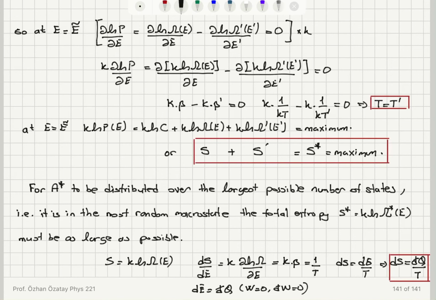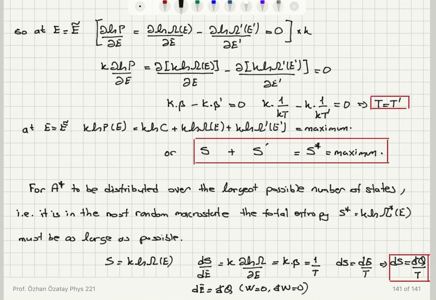And at the same time, since del k ln P del E is equal to 0, that means we're looking at the maximum of the k ln P function. So it is k ln C plus k ln omega plus k ln omega prime. This is a maximum at this specific point E tilde. k ln omega is the entropy of system A, k ln omega prime is the entropy of system A prime.